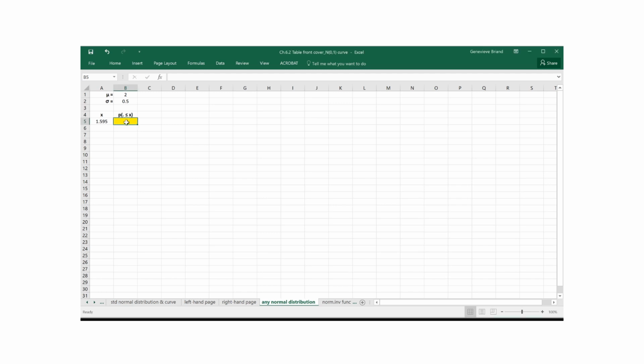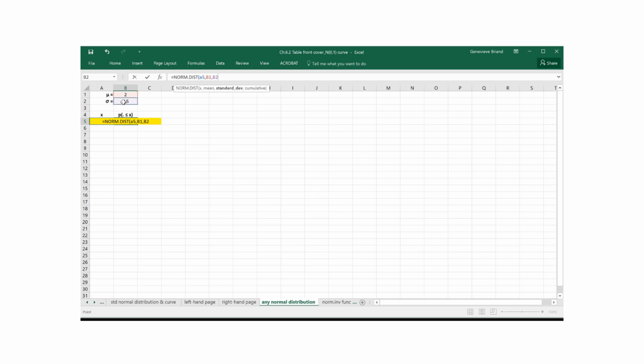Calling up our norm.dist function, getting the x value from cell F5. The mean for our problem is 2, located in cell B1.